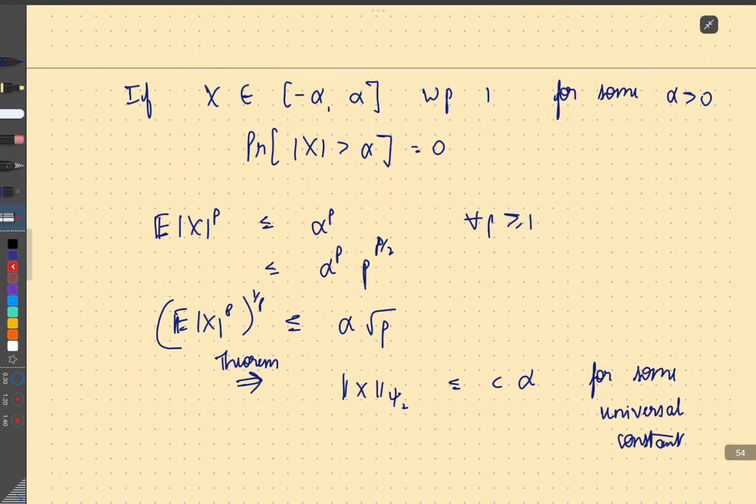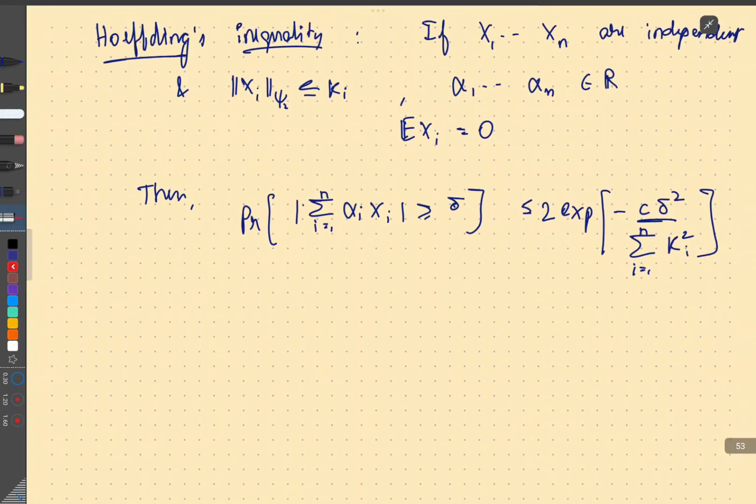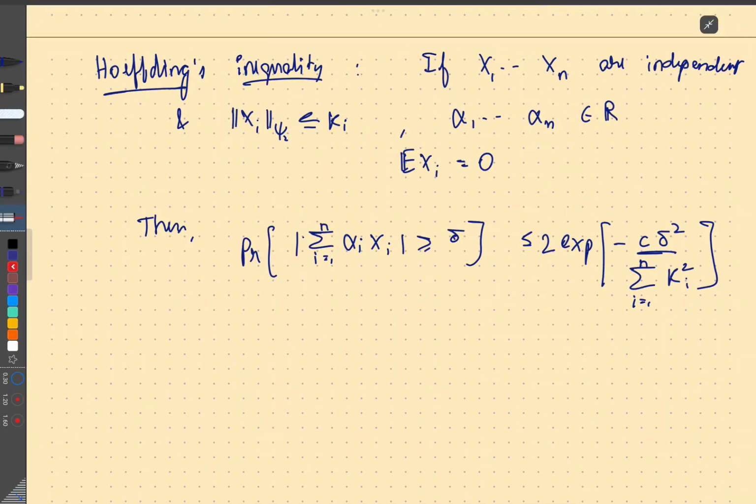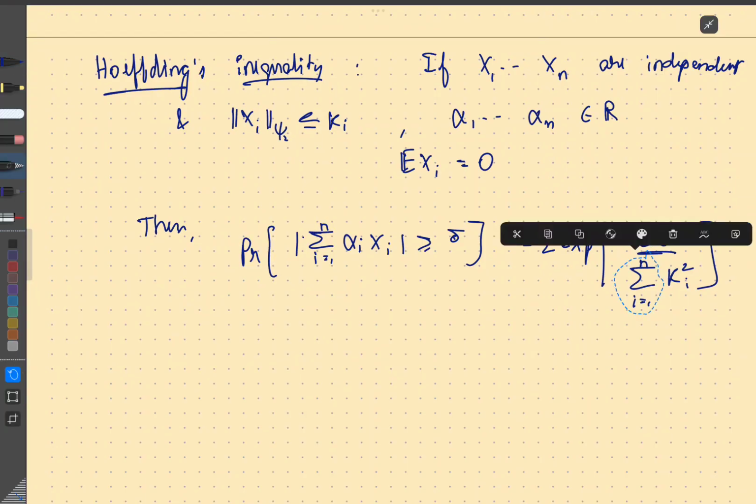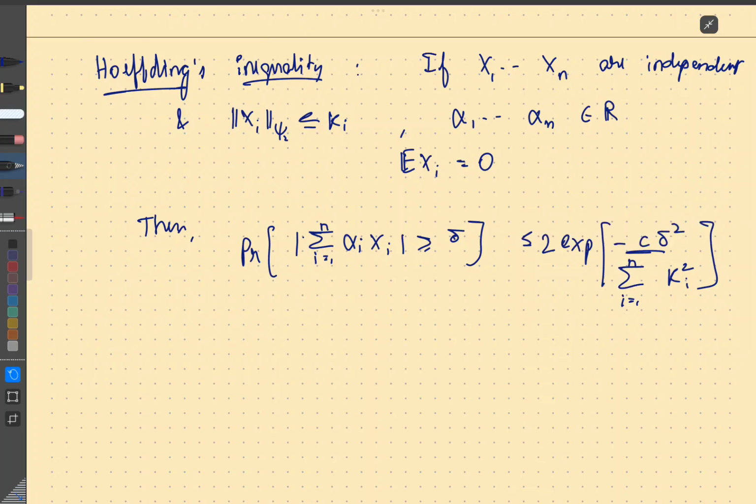In Hoeffding's, that's correct. So Hoeffding's inequality should have an alpha k square here as well.